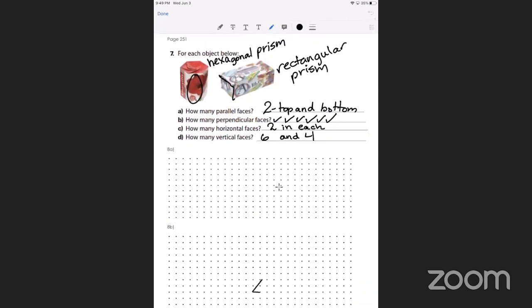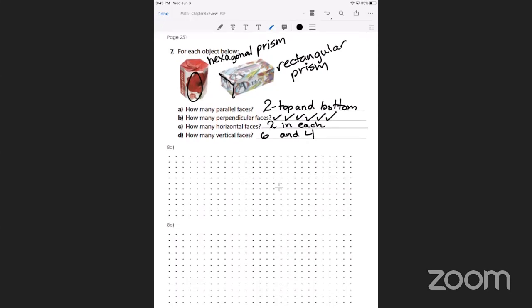We have 2 horizontal faces. I'm going to redraw that. So 2 horizontal faces and the other 4 vertical. So I hope that helps. Thank you.